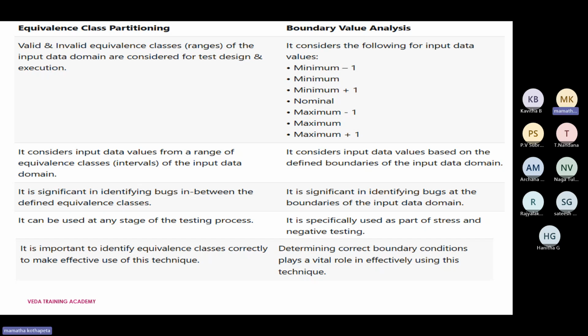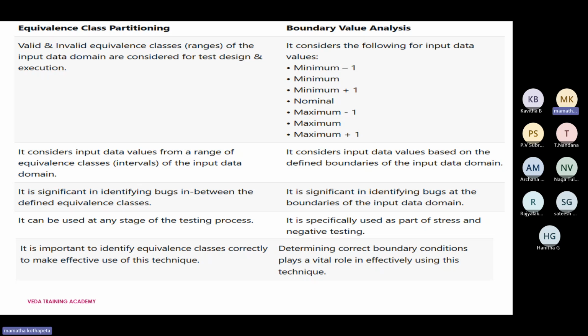ECP can be used at any stage of the testing process, and especially it is used as part of negative testing to see if there is any kind of system breakage or any kind of errors between these boundaries.